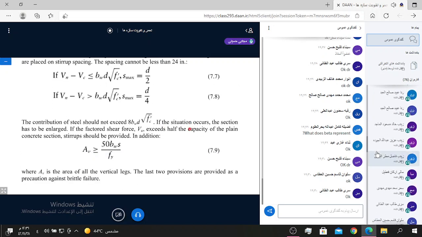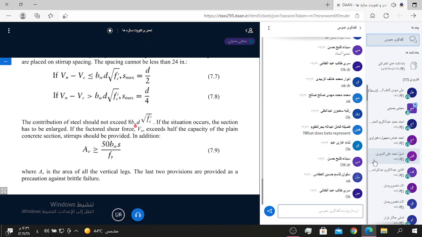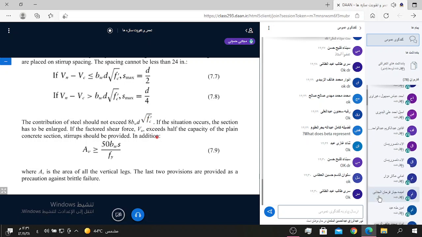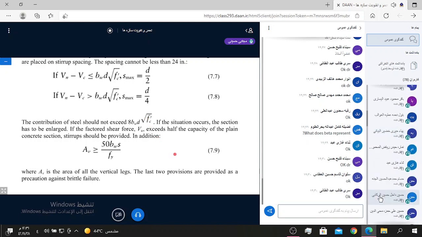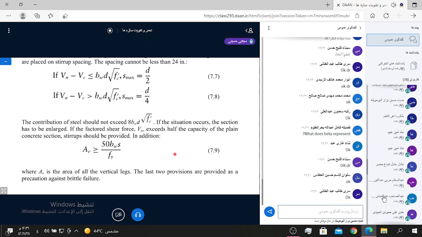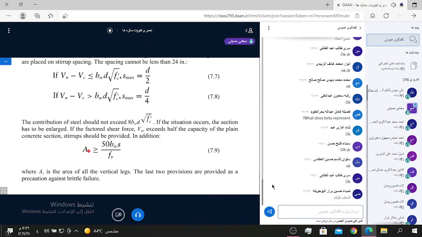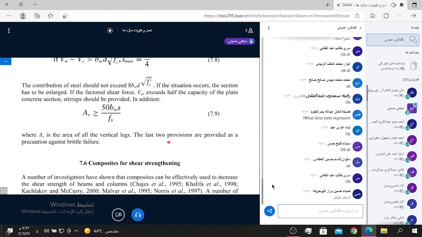And the contribution of steel should not exceed 8 root f'c b_w d, the square root resistance of concrete. And also stirrups should be provided when V is more than 50 b_w s over f_y, and you know A_v is the area of all vertical legs of reinforcement, okay?